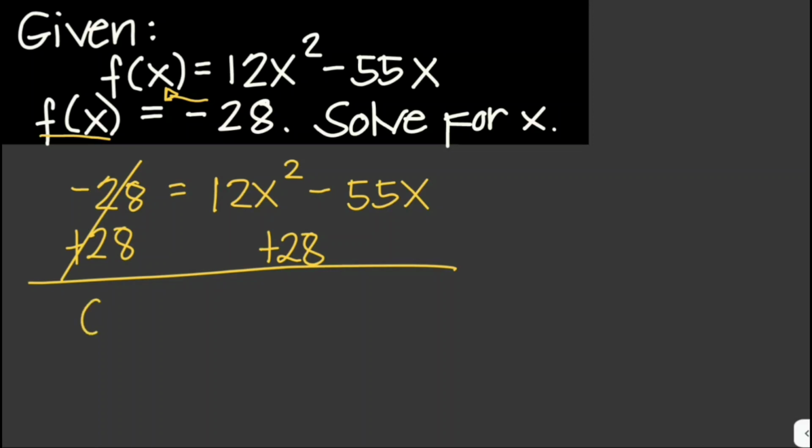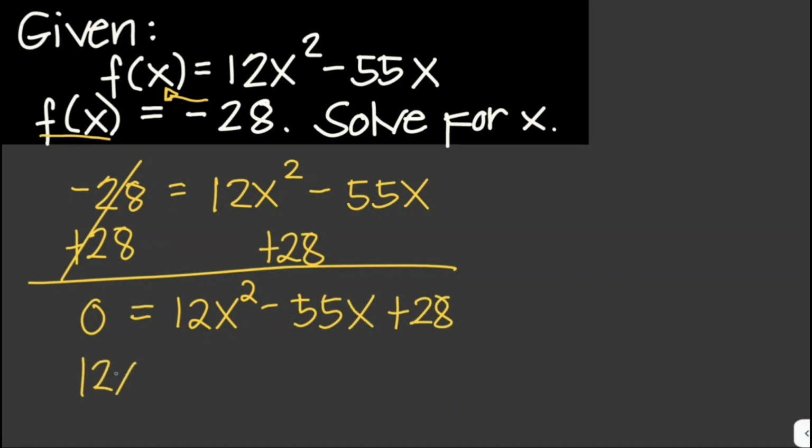This cancels out, so that is 0 equals 12x squared minus 55x plus 28. Or we can just simply write this as this one. They're just the same, equivalent.